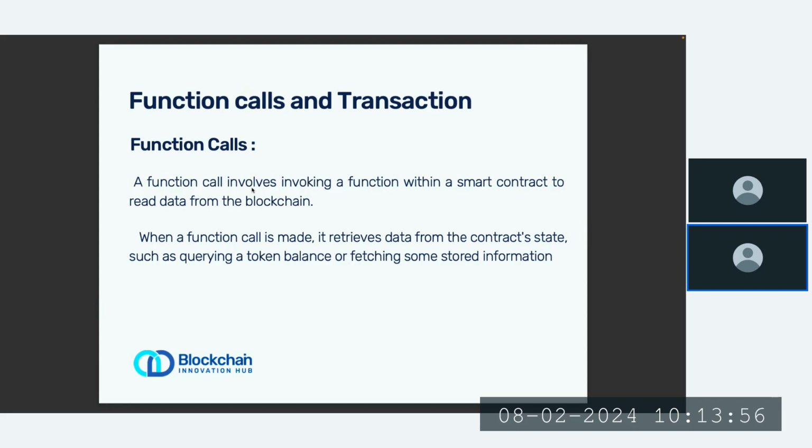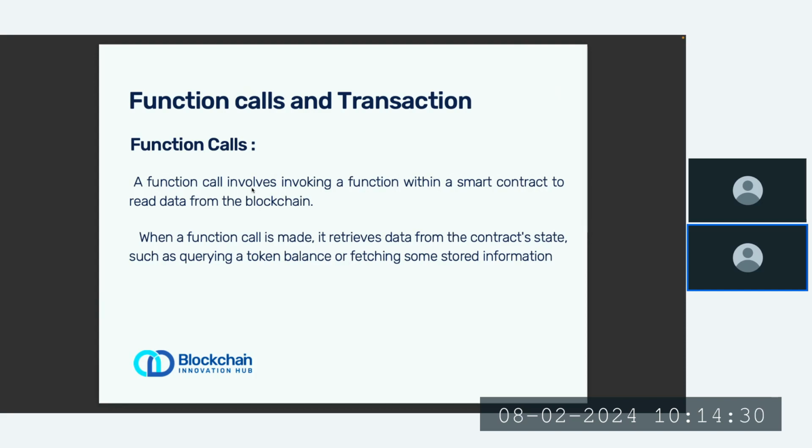We know how to invoke a function using the parentheses: you write the name of the function and then append the parentheses together with parameters. If there's no parameter, you leave it empty. So when we talk about invoking a function, that's you calling a function. That's a function call. When a function call is made, it retrieves data from the contract state, such as querying a token balance or fetching some stored information.